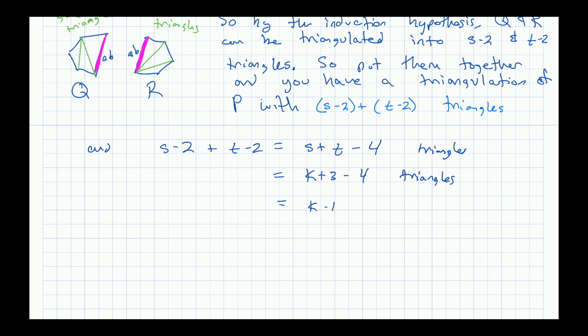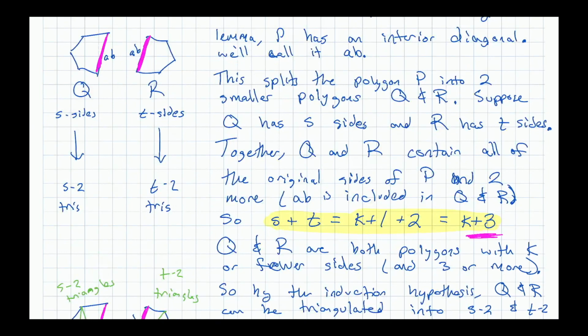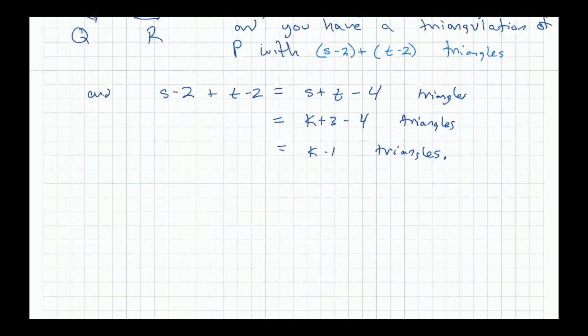So that is K minus 1 triangles. So what did we just show? Well, we just showed that way back up here, P was a K plus 1 sided polygon, and we just triangulated it into K minus 1 triangles. That's what we were trying to do.